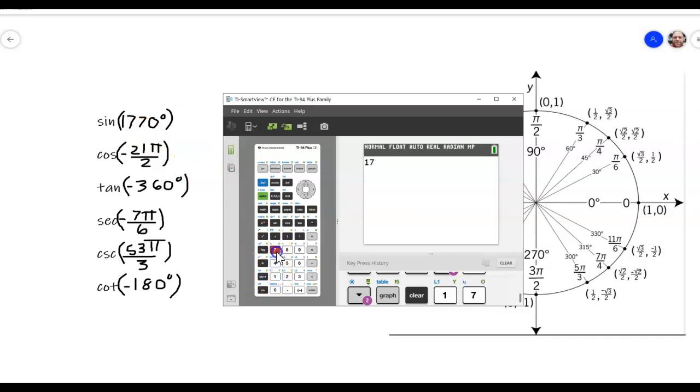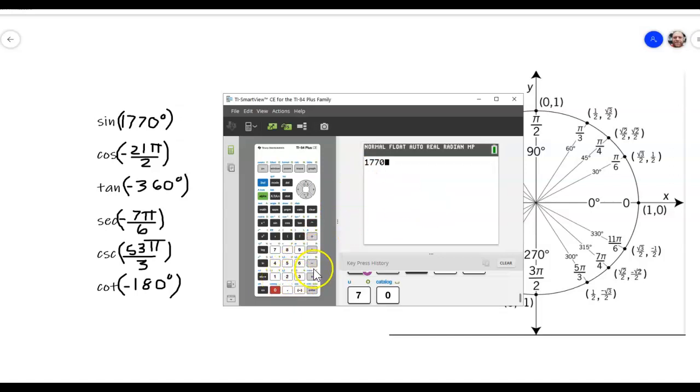I can just subtract multiples of 360 until I get some degree between 0 and 360 degrees, so greater than or equal to 0, but less than 360.